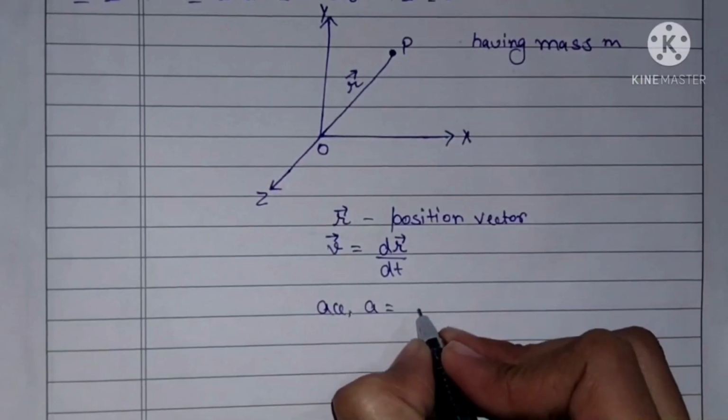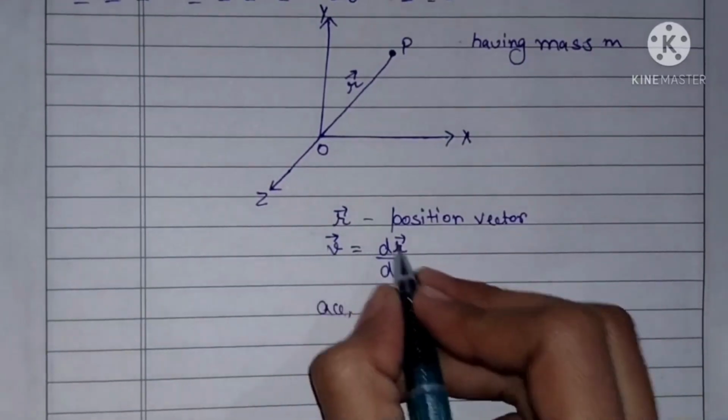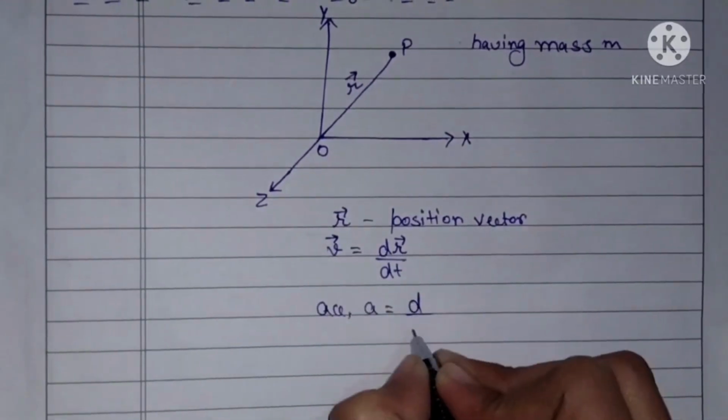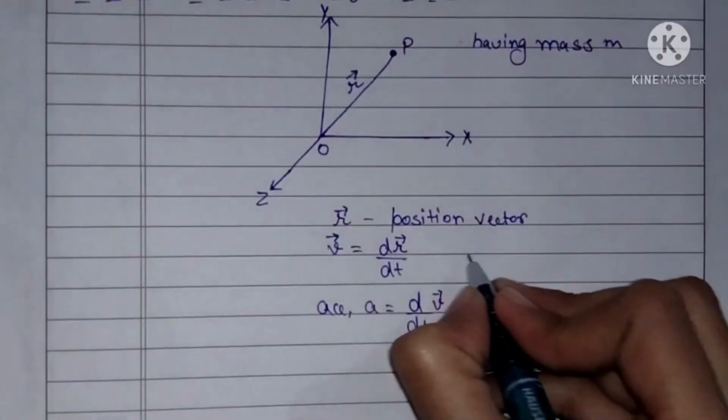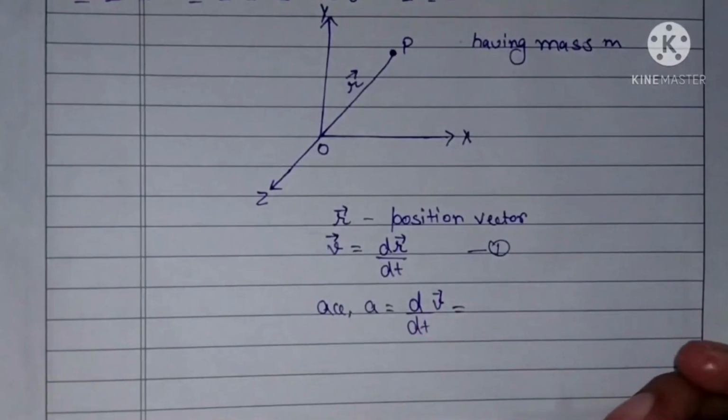Now acceleration is equal to dv over dt, and in the place of v we can write the value of above, v is equal to dr over dt.